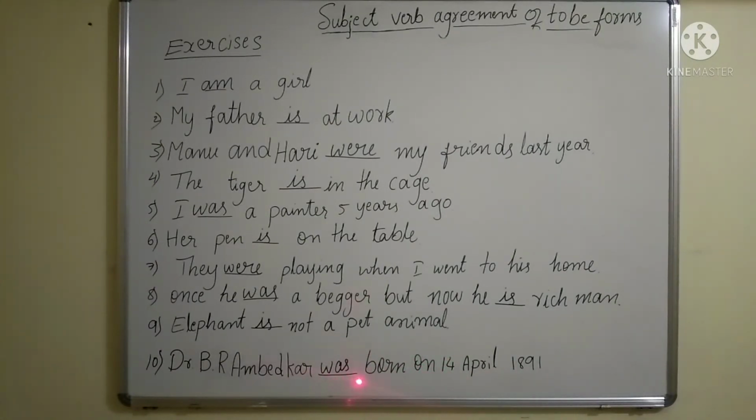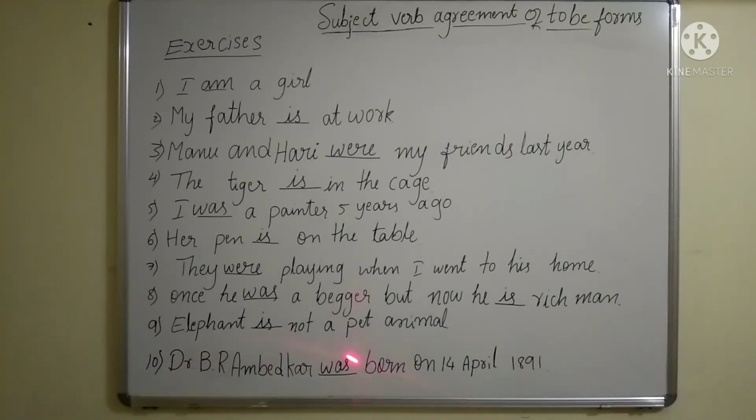We don't use present tense helping verbs. We have to use was to be forms. Always we have to use was to be form. And we should not use is to be forms with dates of birth. So this is the point to be remembered. So when we talk about someone's date of birth, we must use was to be form.